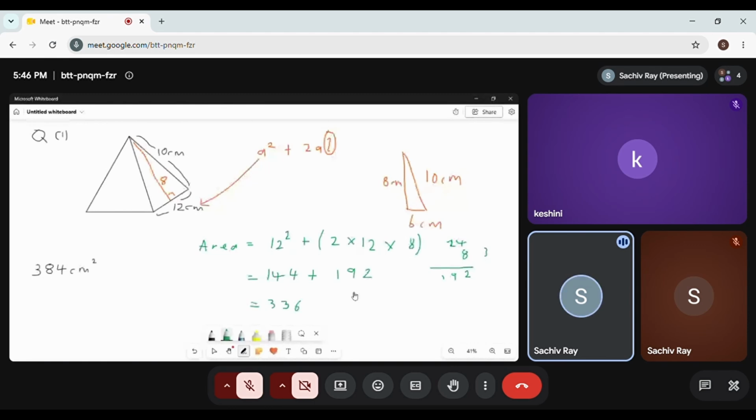Let's see this question. Question number two, you can write Q2.